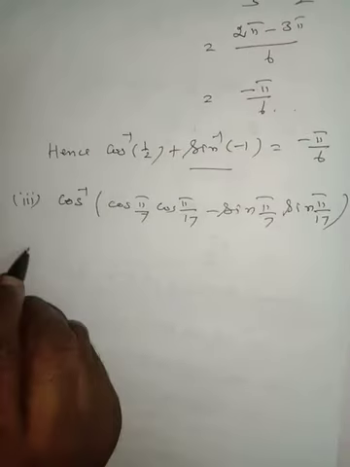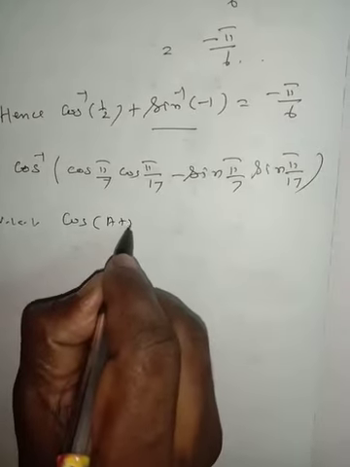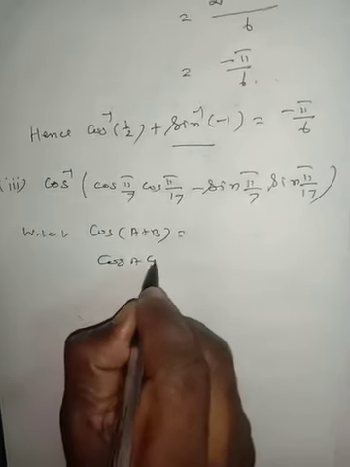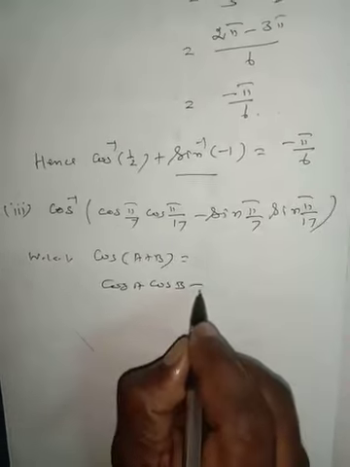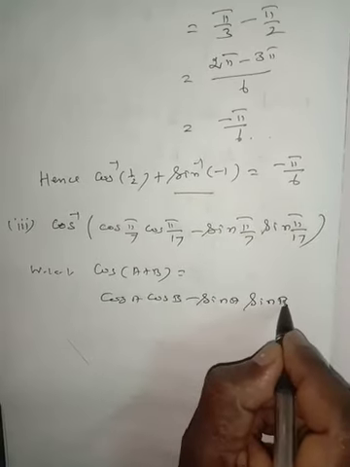We know that cos of a plus b is equal to cos a cos b minus sin a sin b.